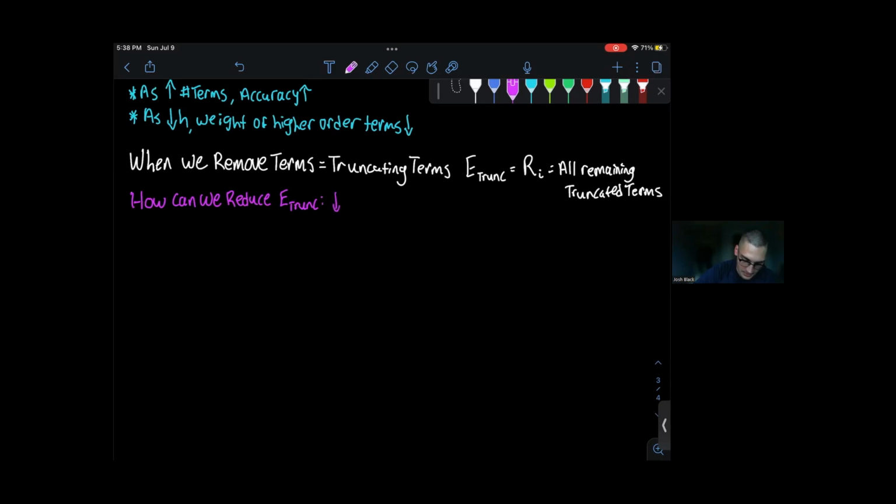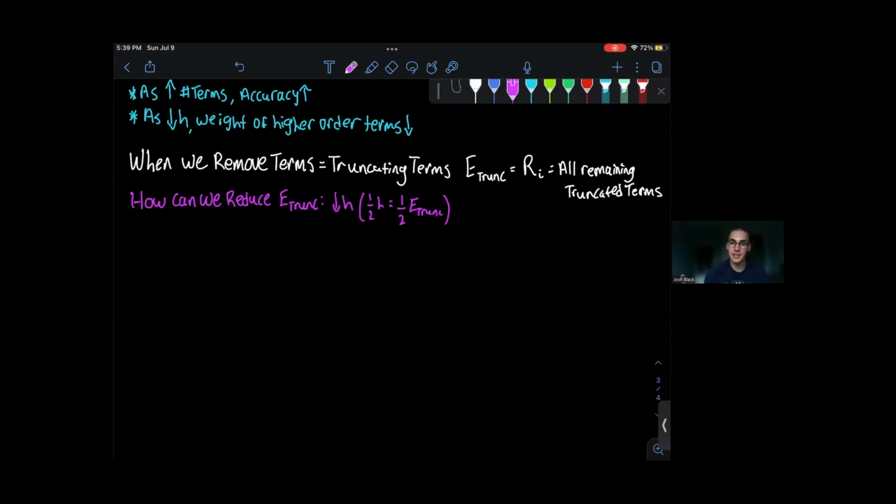So if we decrease h, we can decrease our truncation error. If we take our h that we currently have and we divide it by 2, we directly halve our truncation. If we take our h, our step size, and we divide it by 10, we are making our truncation error a tenth of what it would be had we kept our step size the same.